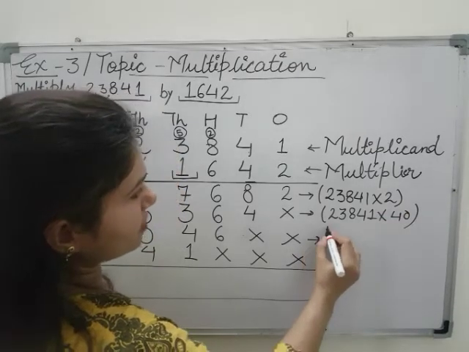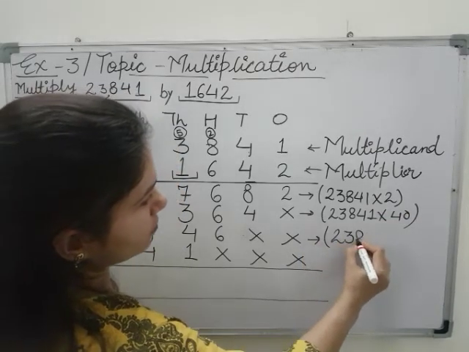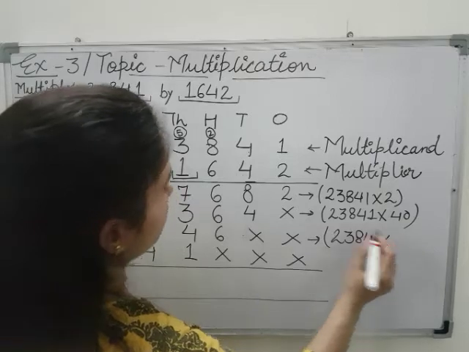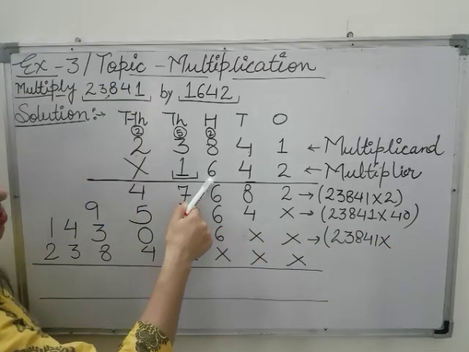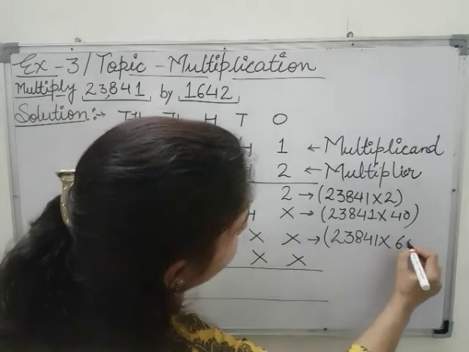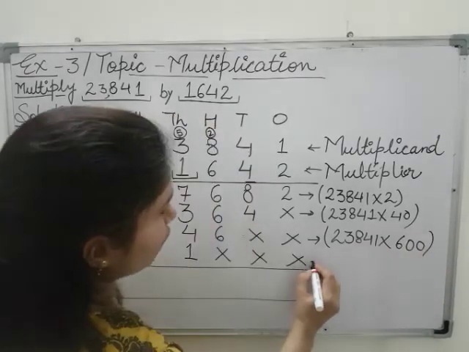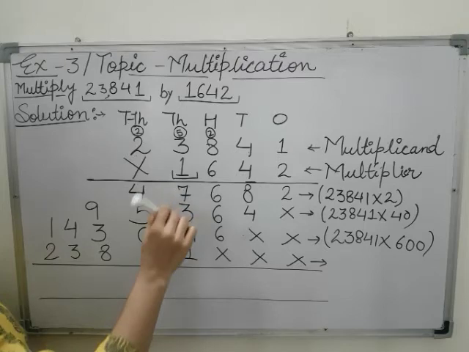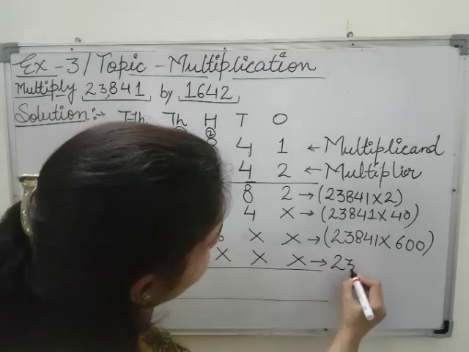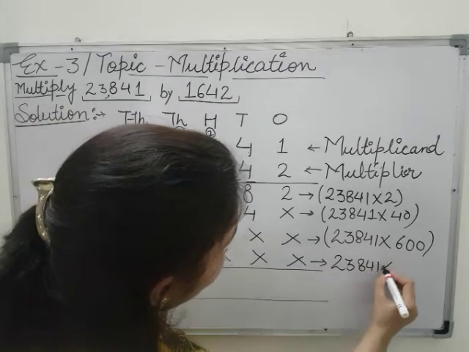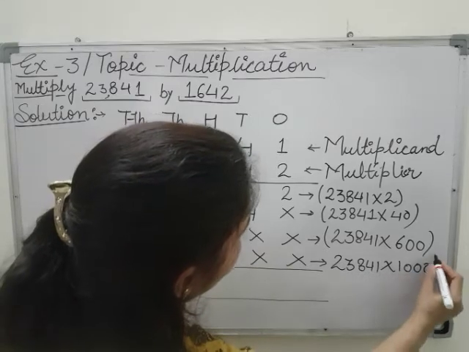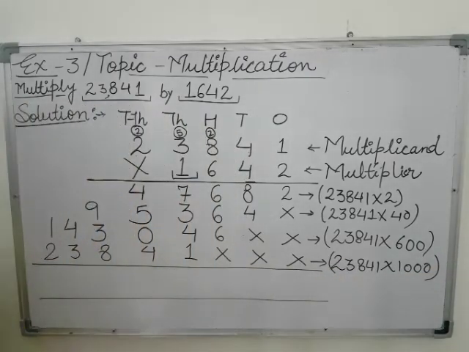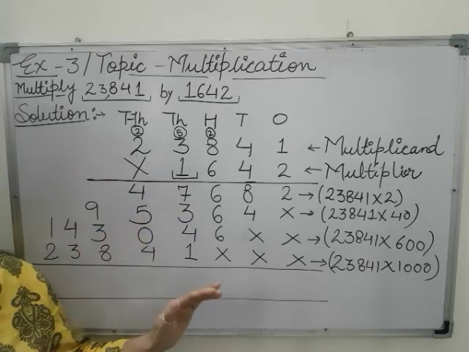Our third line is the product for the hundreds place, which is 600. And this fourth line is the product for the thousands place, which is 1000. Now we add these 4 products to get the final product of this multiplication.